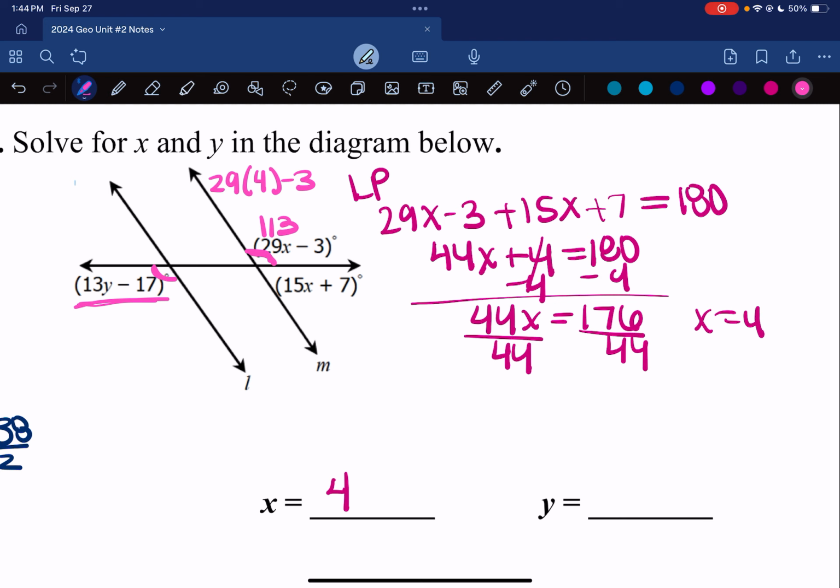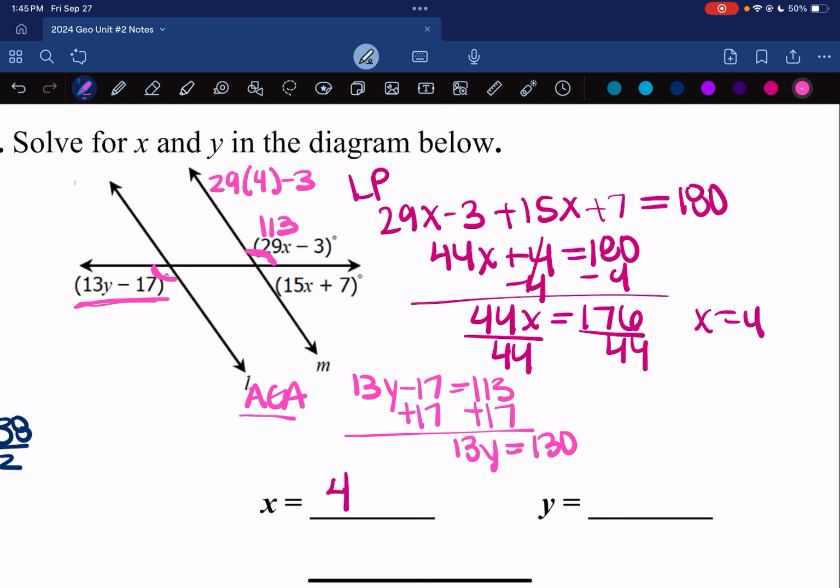So the equation we're going to write is that because they're alternate exterior angles, 13y minus 17 equals 113. We're going to add 17 to both sides, so we get 13y equals 113 plus 17. So we have 130 divided by 13 gives us y is 10.